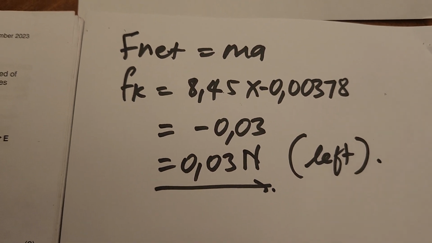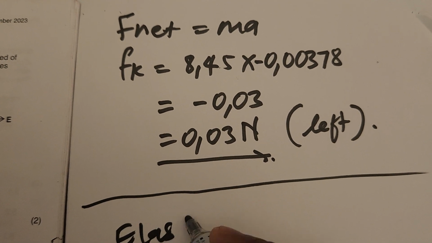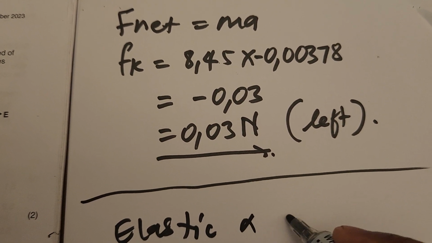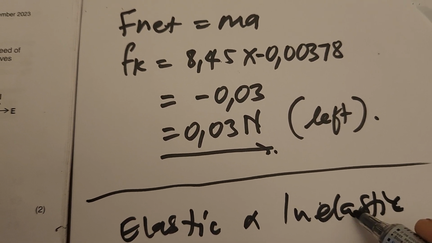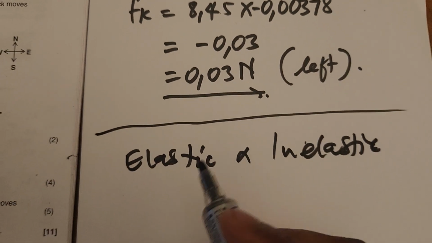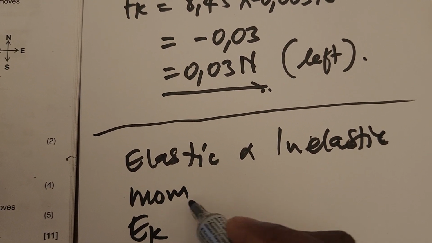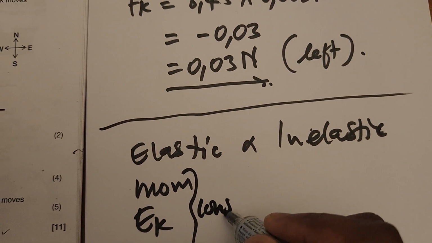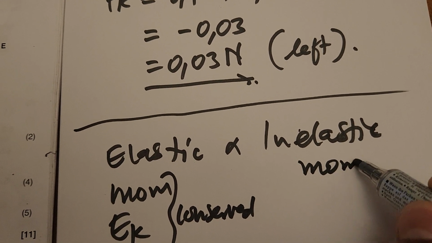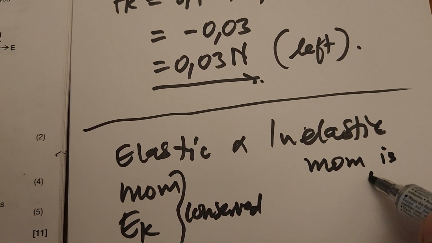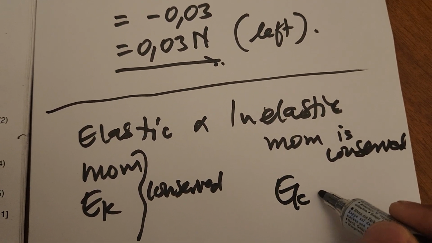Elastic and inelastic collisions, not in this question, but sometimes you can be asked to prove. Remember, in an elastic collision, both momentum and EK are conserved. But in an inelastic collision, it's only momentum that is conserved, but the EK is not conserved.